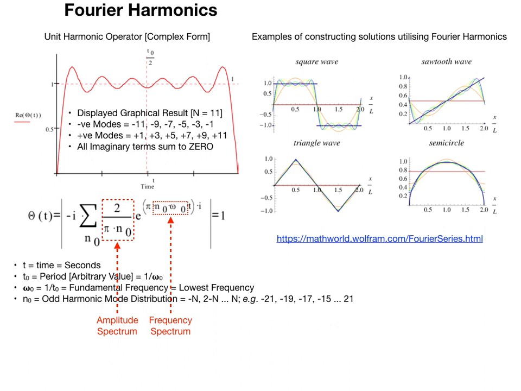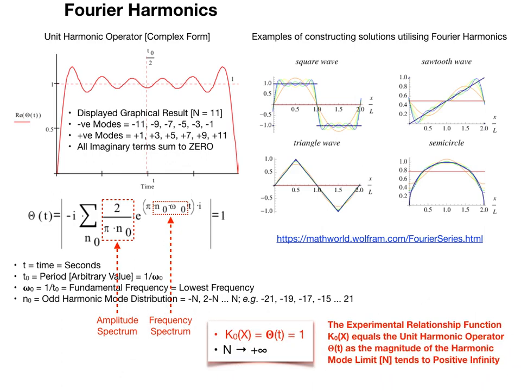Now that we have defined and described the unit harmonic operator as developed via the electrogravimagnetic construct, let's look at the key takeaway. Most importantly within this frame, is to note that the experimental relationship function equals the unit harmonic operator. This occurs as the magnitude of the harmonic mode limit tends to positive infinity.